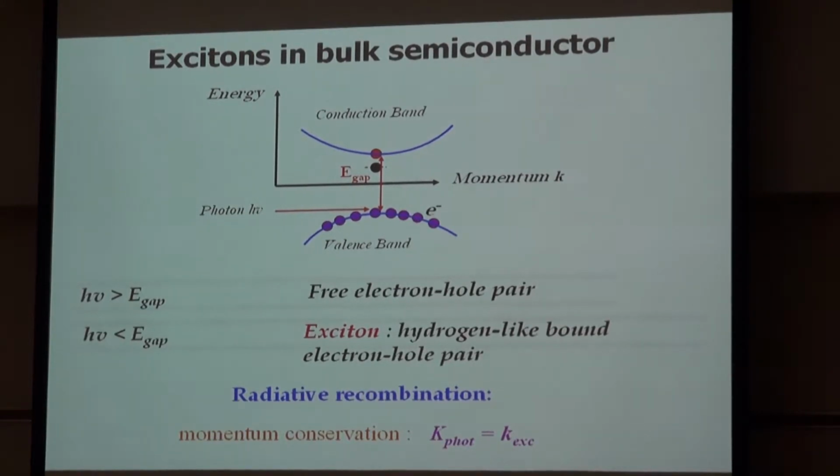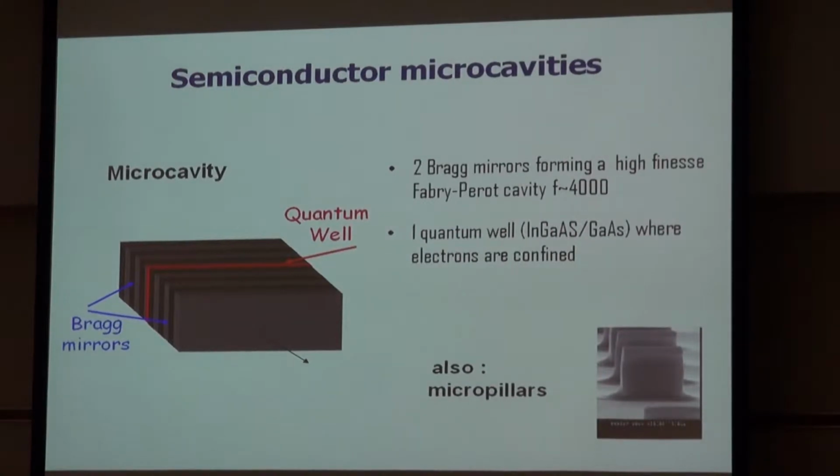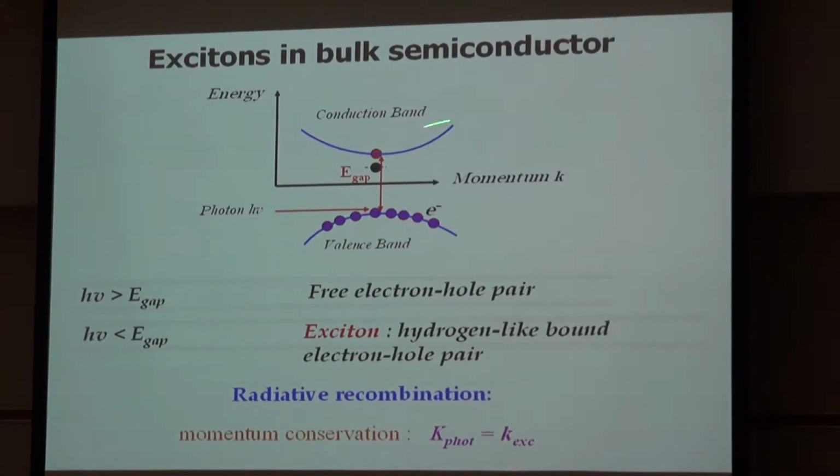So what do the active objects look like in this case? As in any semiconductor, you have a valence band, which is full of electrons, and a conduction band, which is empty. When one sends a photon at the right wavelength, one can excite an electron to the conduction band, leaving a hole in the valence band. This free electron-hole pair can have very interesting properties, especially in the case we are studying, where we send a photon slightly below the band gap.